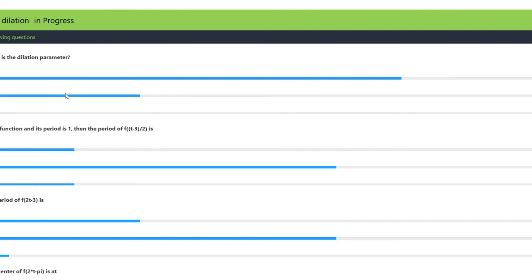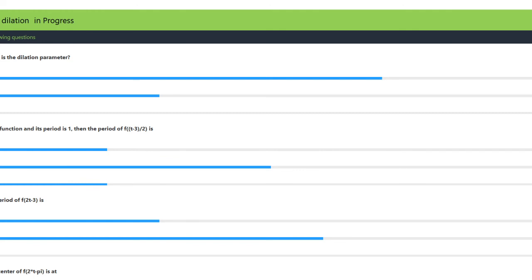Okay, so for the first question, which one is a dilation parameter? Dilation actually is a scaling parameter. So in that case, which one is correct? It's A. A is the scaling parameter and B is the shifting parameter. This is the standard format: t minus b, divided by a, with brackets.